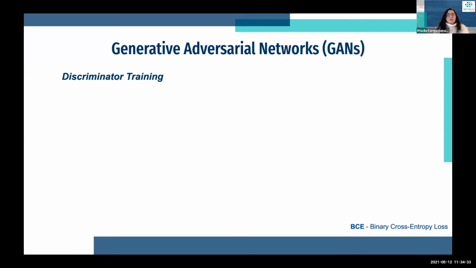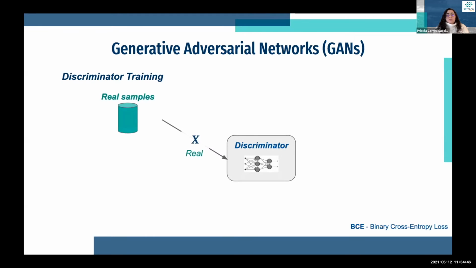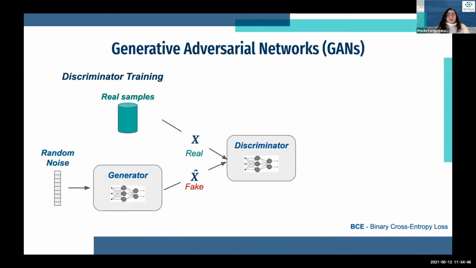But how to train that? It's a game of minimax. So let's say how to train the discriminator, because they are training in different ways. So the discriminator receives real data and the fake data that was generated by the generator. And then we have the y hat, and we'll compute the cost of this y hat.